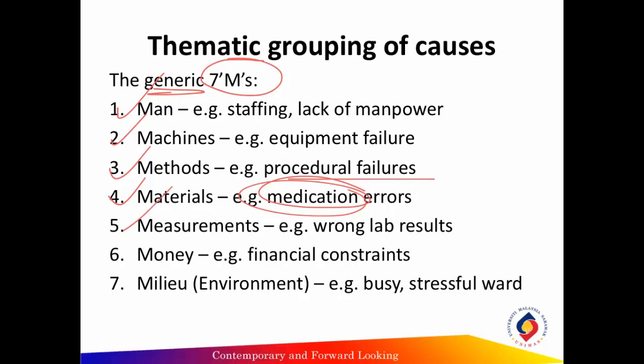Number 5 refers to measurements, wrong measurement in this specific case, for example, wrong lab results, inadequate lab results or inadequate x-rays, etc. The 6th M is money, and this refers to all the financial constraints. The 7th M is milieu, or also known as environment, and this refers to, in a specific clinical setting, those busy, stressful wards.